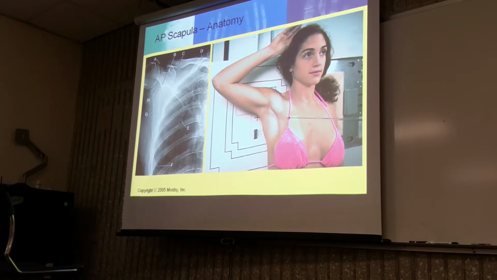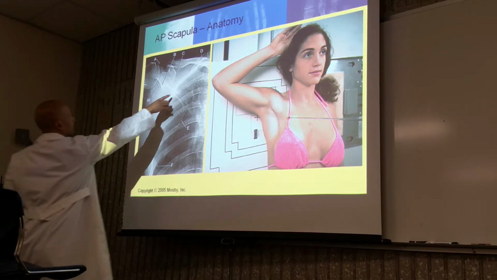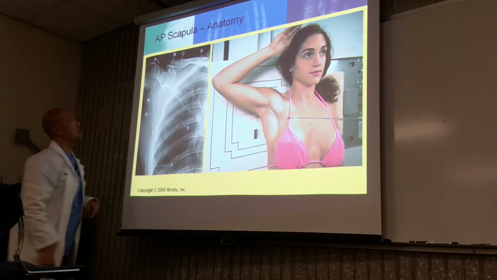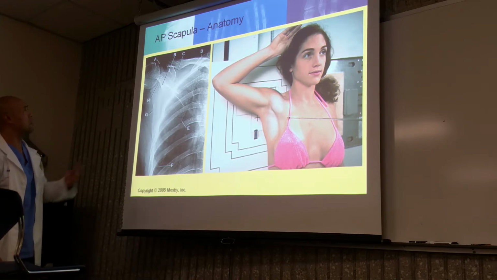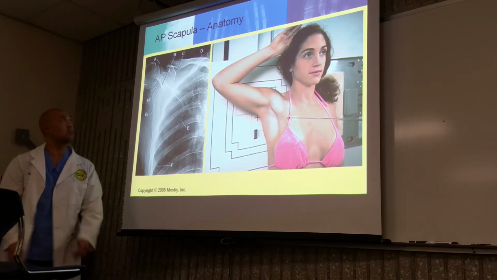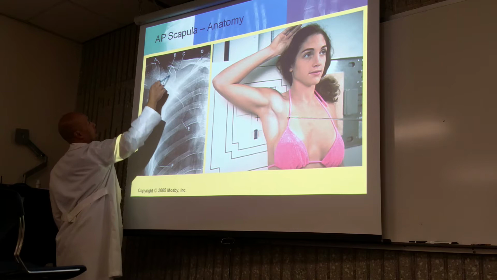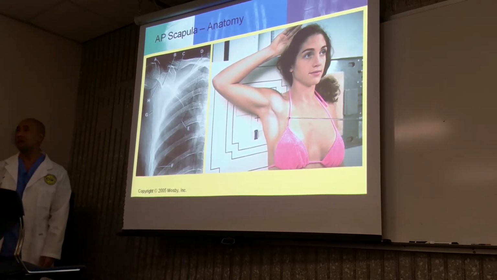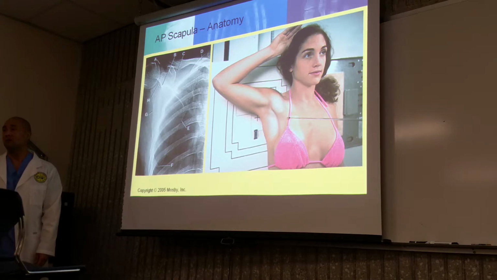You haven't opened your book yet? Yeah, I think this is the extension of the acromion, so this is the AC joint. C, I'm not quite sure what it's pointing at. I'm going to say it's probably the coracoid process, because this is the coracoid process right here.